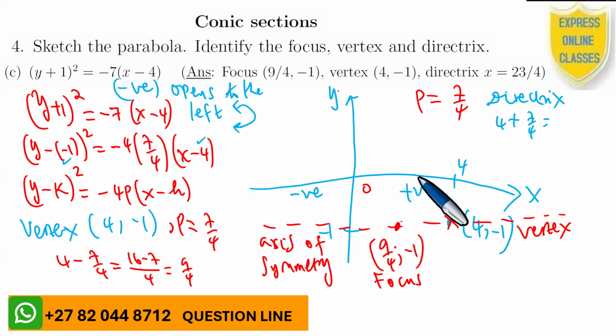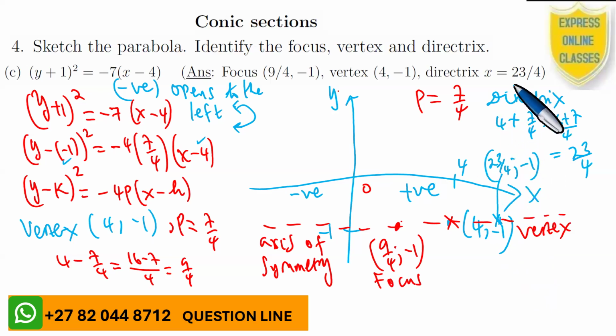Right, so 4 plus 7/4, which is exactly 16 plus 7/4, which is the same as 23/4. Okay, so we're going to have this one at exactly 23/4 for the x, and the y is -1.